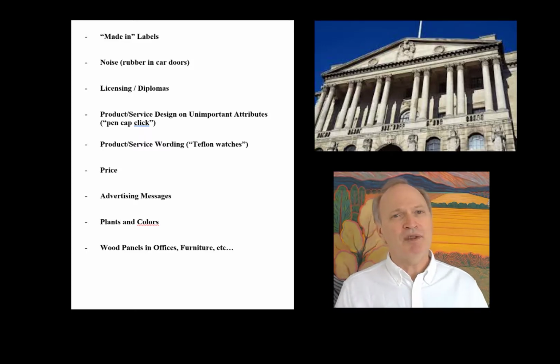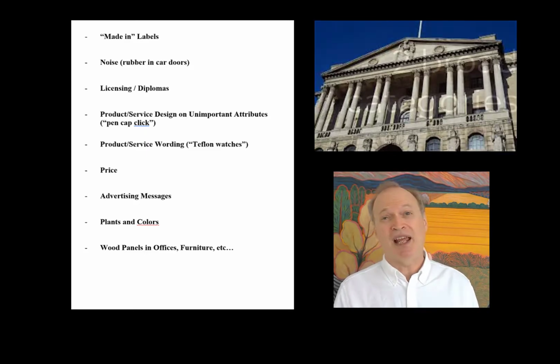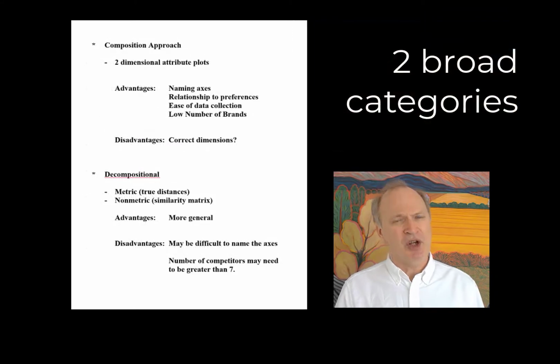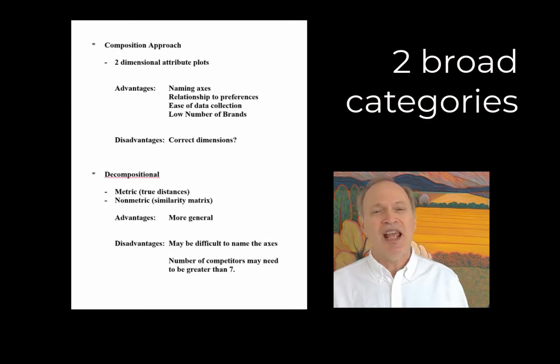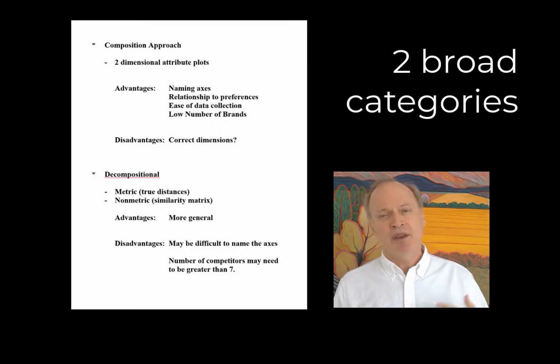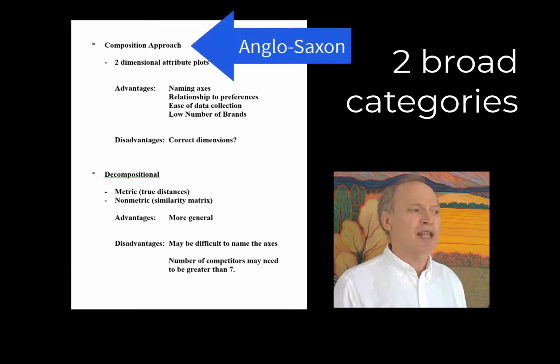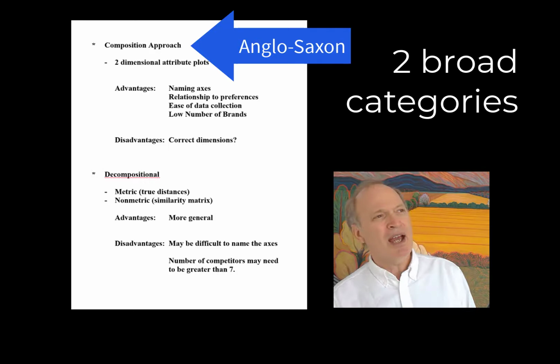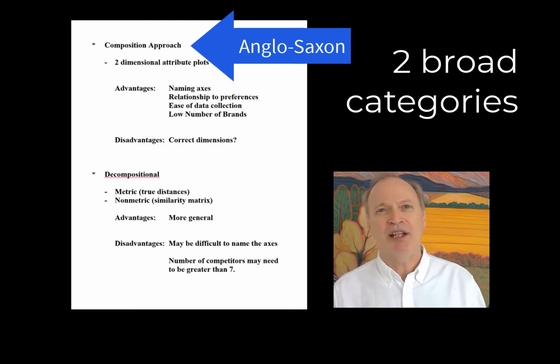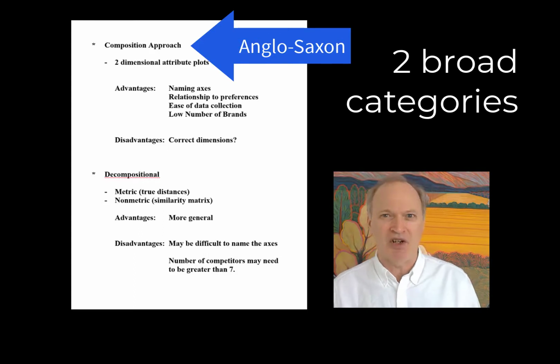Now, we've covered the fact that we use these perceptual maps to help us with strategic planning exercises. What are the methodologies we use? I like to characterize the methodologies as being of one of two camps. The first camp is what I call the Anglo-Saxon approach. Why is that? Because most of the large mainstream consulting firms will sell this or use this technique in their engagements.